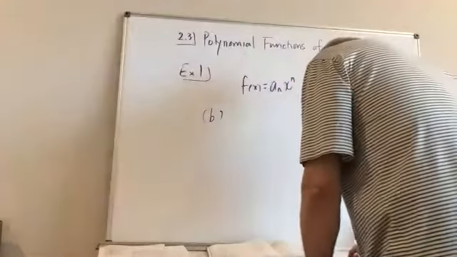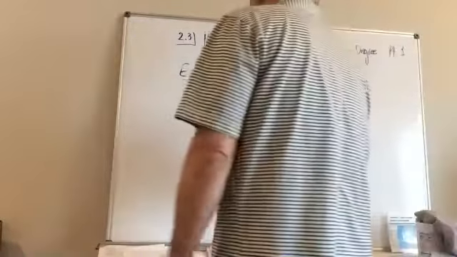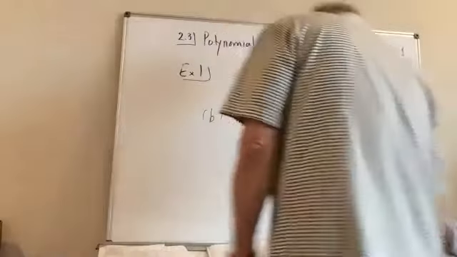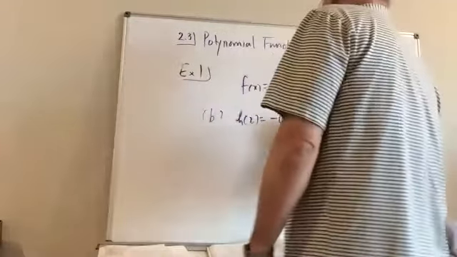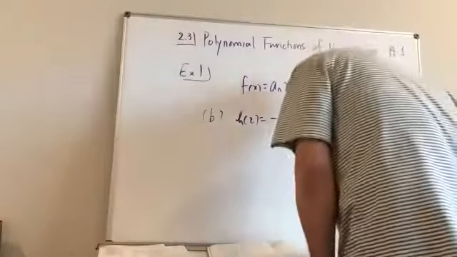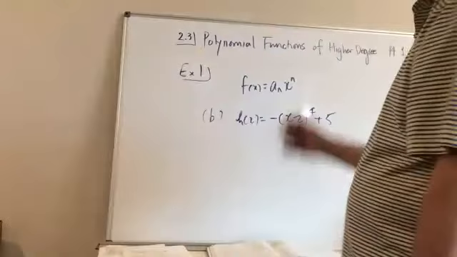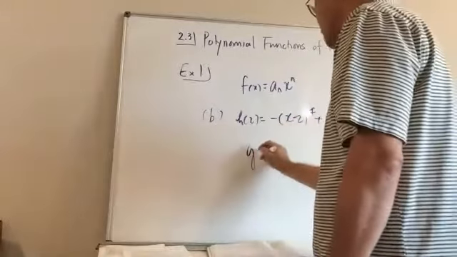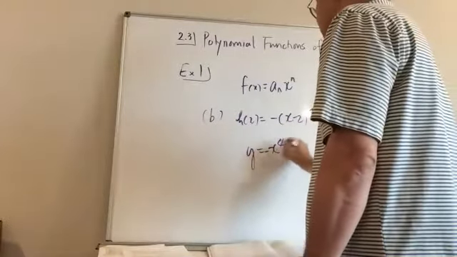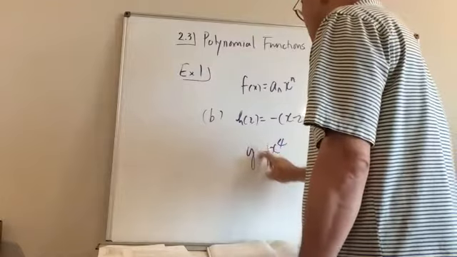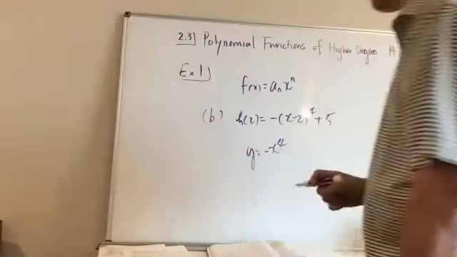In B, we have h of x is equal to negative x minus 2 to the 4th plus 5. On this one, we would start with y is equal to negative x to the 4th.